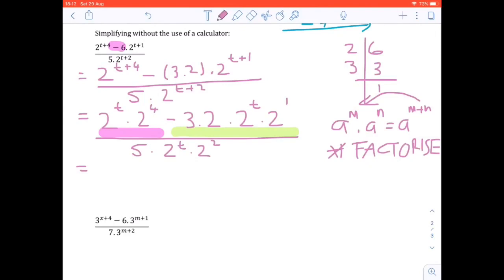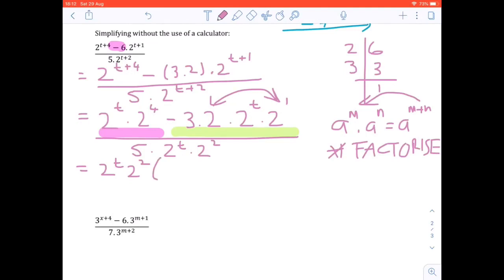We can see that 2 to the t is common, as well as 2 to the power of 2. If you look at these 2's over here, that would equal 2 to the 2. So that's the highest common factor. So our common factor in both of these is 2 to the t times 2 to the 2.